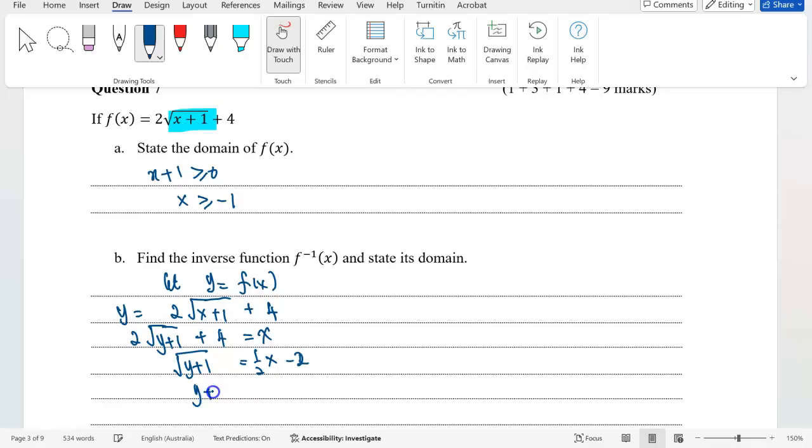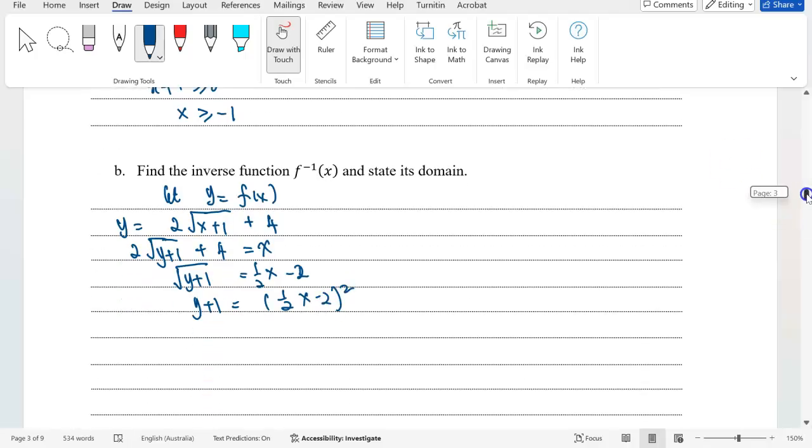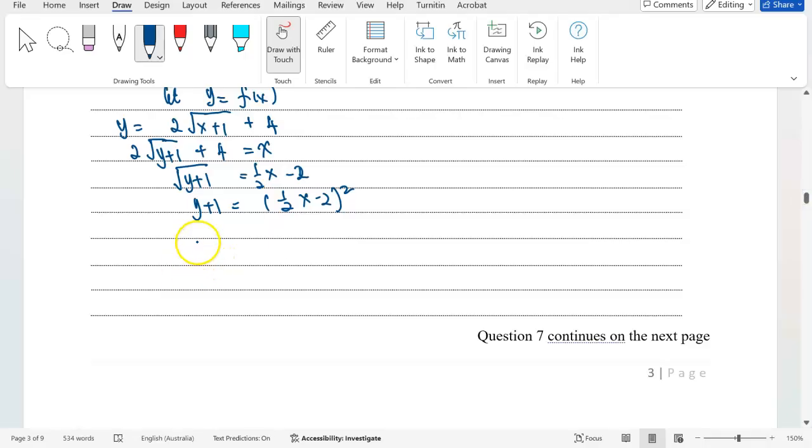So y plus 1 equals (1/2 x minus 2) squared. So your y is equivalent to minus 1 plus (1/2 x minus 2) squared.